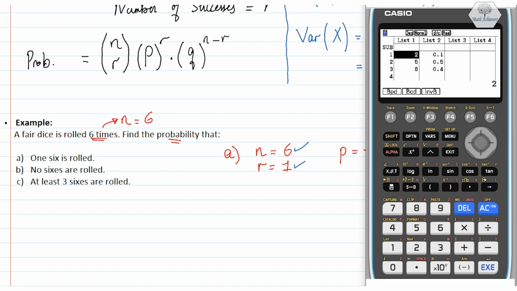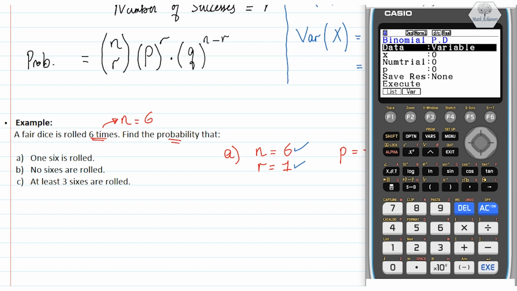I go to BPD, which is F1. Now I have the data to be variable. The X, I want it to be 1 because R is equal to 1. The number of trials would be 6. And the probability of success is 1/6. And then I go to execute.